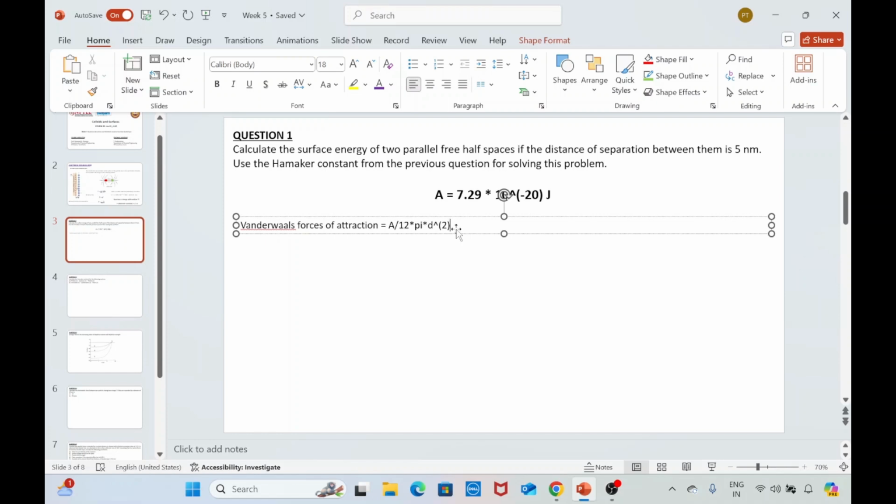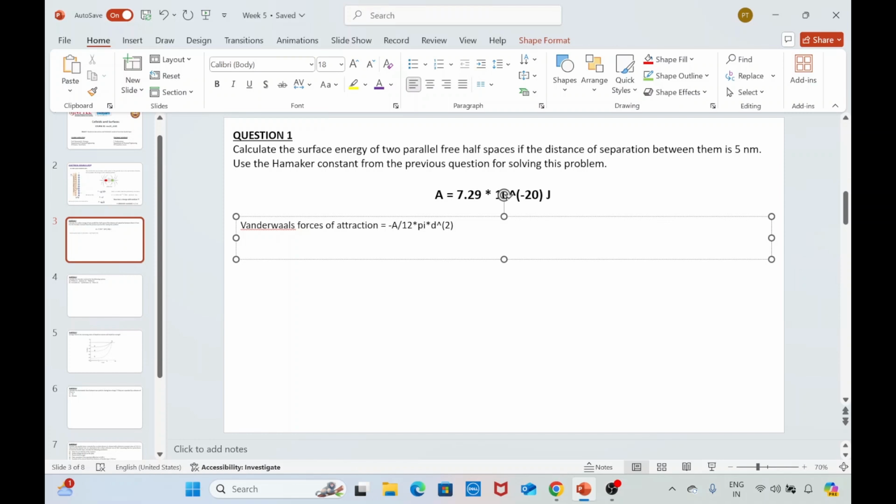So here I am not representing that. Or yeah, but it's fine, I'll just represent that also. So this is the van der Waals force of attraction between two flat surfaces, or between two parallel spaces again.